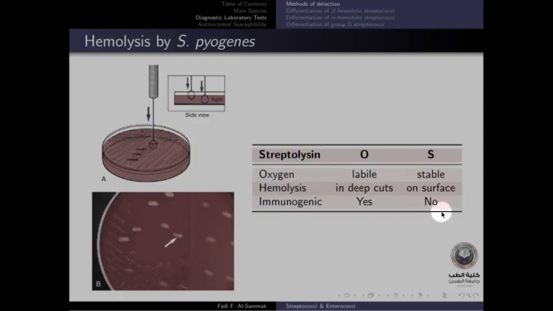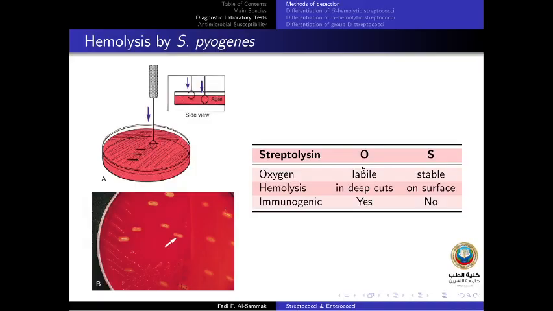It is also non-immunogenic as opposed to streptolysin O, which is immunogenic, and can generate antibodies against it that we are going to detect in the serodiagnosis for anti-streptolysin O antibodies. And we can determine the titer, and if it is more than 200 international units per ml, then you have a positive test, which can be an indication for a post-streptococcal disease.